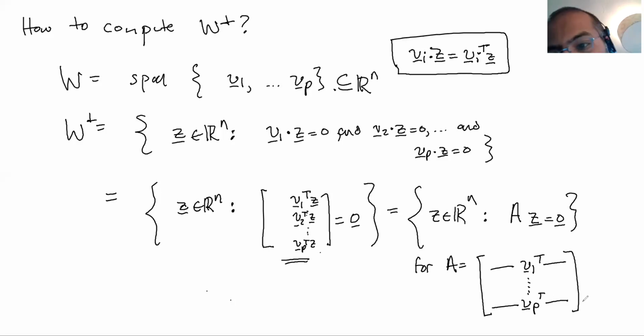Okay, so this is kind of a new thing. I spent the whole semester emphasizing that matrix vector multiplication should be thought of as taking linear combinations of columns. But now we're going to use the old interpretation, that it's the same as taking dot products with the rows. So by the way, what are the dimensions of A?